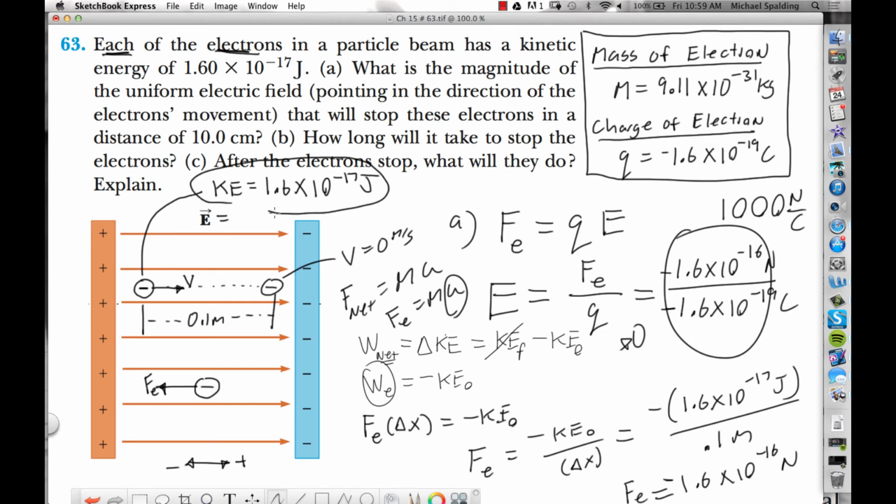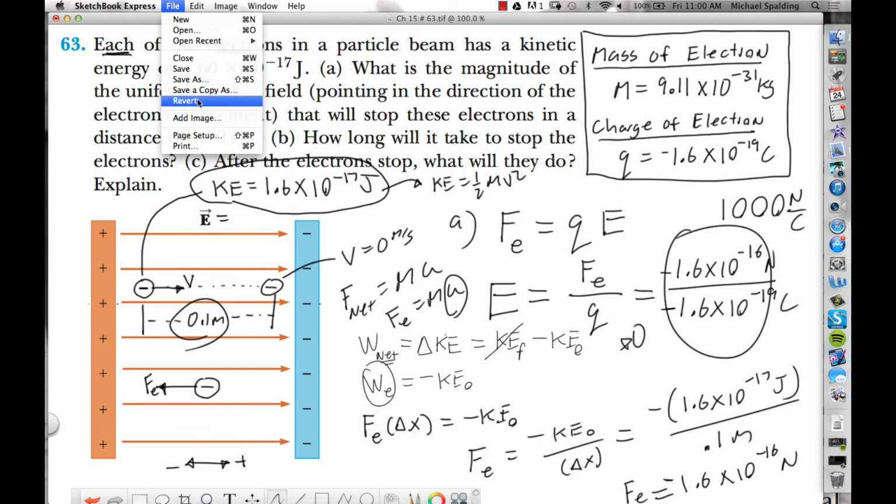You have to take this kinetic energy and convert it to velocity. Can you convert kinetic energy into a velocity? Yeah, because what's the kinetic equation? 1/2 mv squared. So you can figure out what the velocity is. Once you have the initial velocity, realize you have the stopping distance. You can use a kinematic equation and find the acceleration.